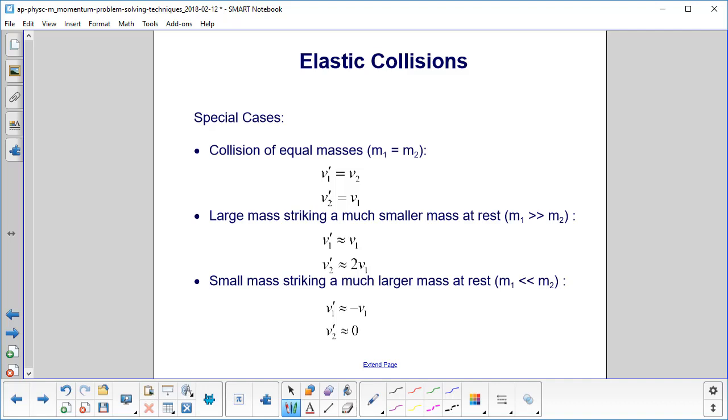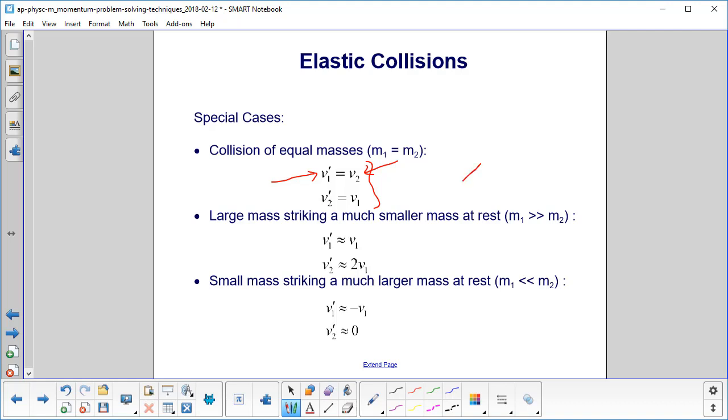For the collision of equal masses, where m1 is equal to m2, you can go to the previous slide and substitute in m for m1 and m2 because there is only one mass of the same magnitude. When you cancel out things, v1 prime, the velocity of the first object after the collision, is just the original velocity v2, and vice versa for v2. So basically, your masses are exchanging velocities.